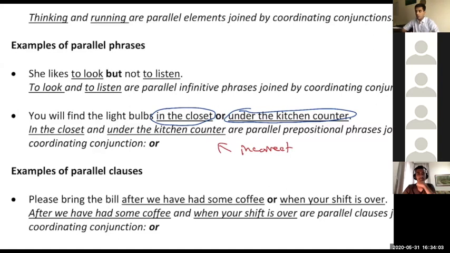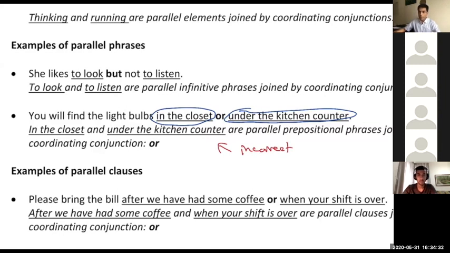An incorrect version of the sentence. Okay, "You will find the light bulbs on the closet and inside the kitchen." That is still correct. You could have it on the closet and inside the kitchen.